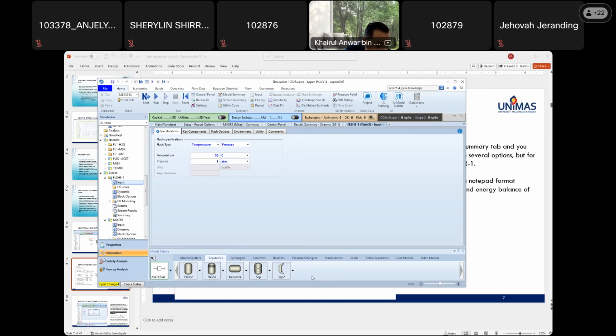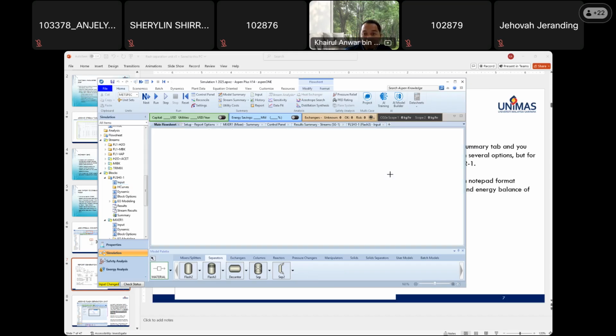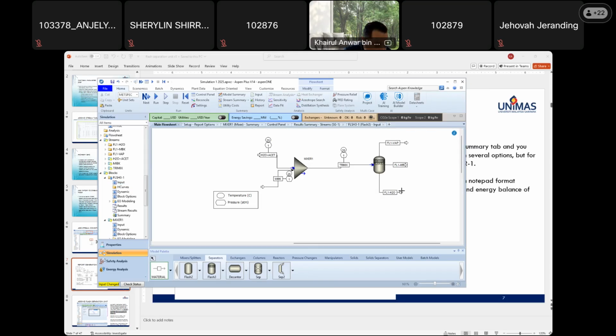Use for flashes, evaporator, knockout drum, single stage separator. The one that we use is the Flash 3 separator. It's a three-outlet flash. You see the outlet, there are three outlets.